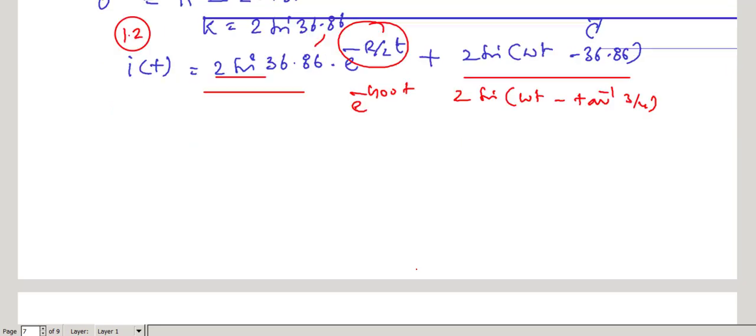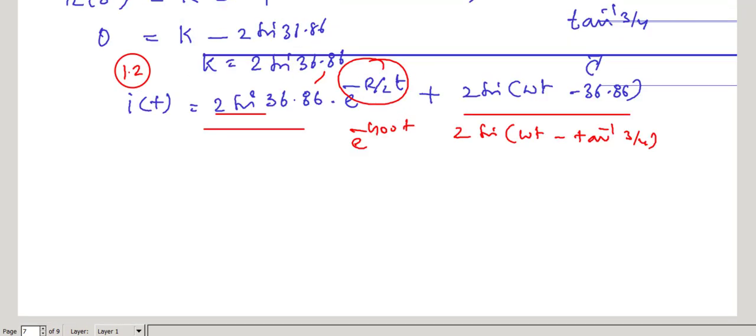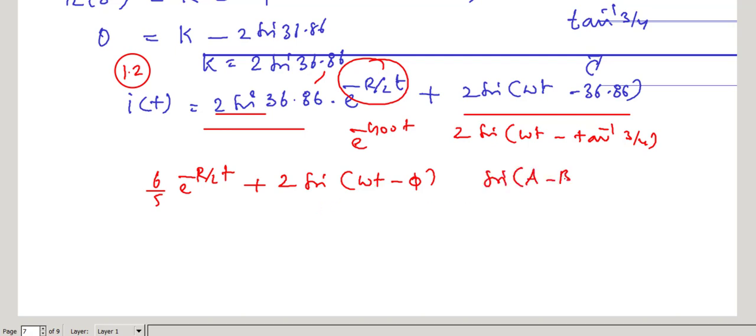So you see here, this is 6 by 5 e power minus R by L t. Let me leave that. Then 2 sin of omega t minus phi, where phi is tan inverse 3 by 4, which is 5. What is sin of a minus b?